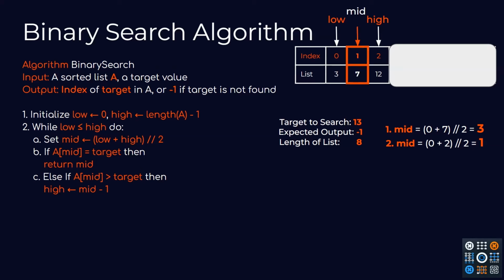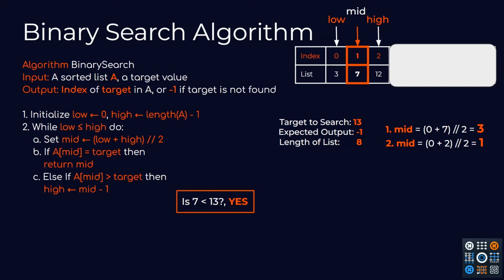Let's calculate mid for the second time now. With low set to 0 and high set to 2, the new middle index is 1. The element at mid is 7. 7 is also not equal to 13. The second case does not apply either, as 7 is not greater than 13.